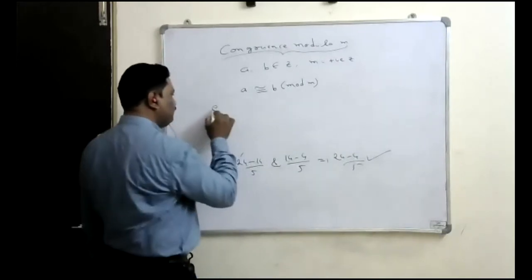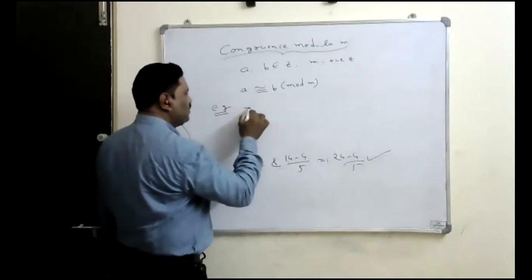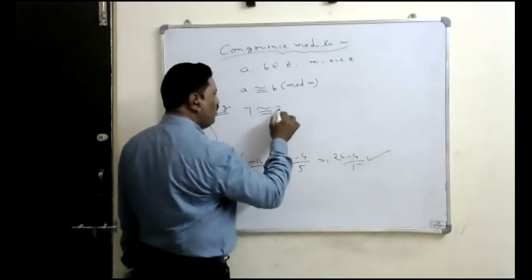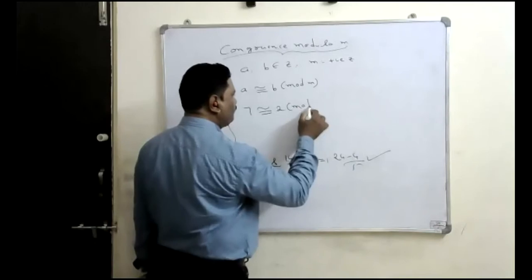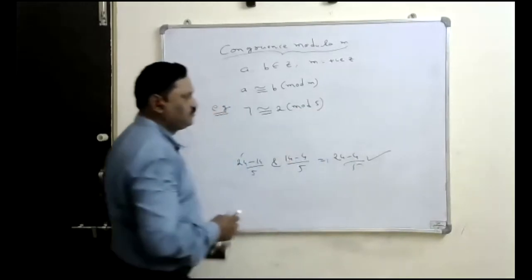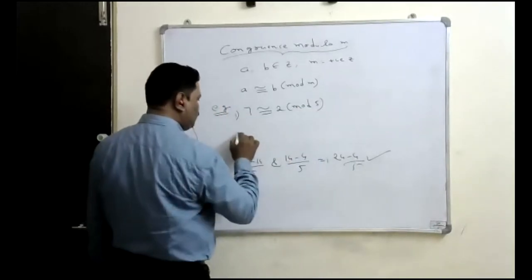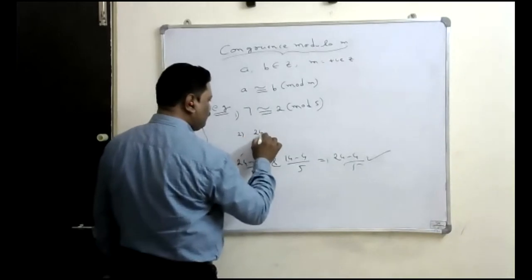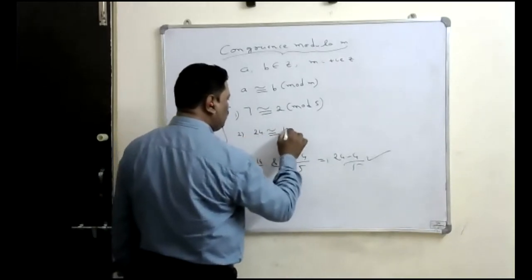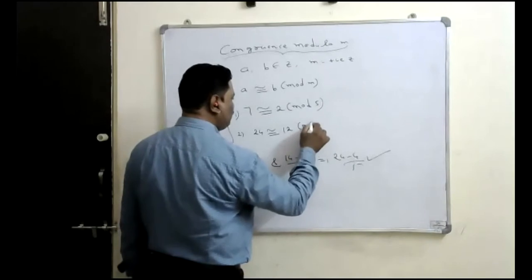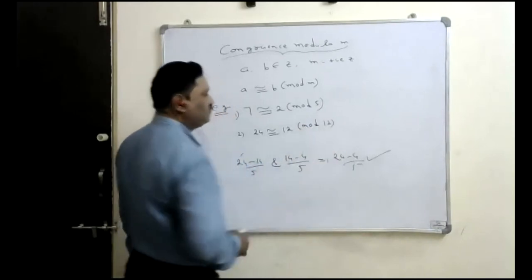For example, 7 is congruent to 2 of mod 5. Second, 24 is congruent to 12 of mod 12, etc.